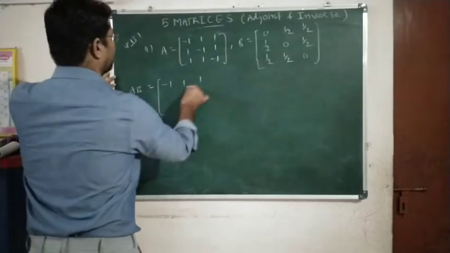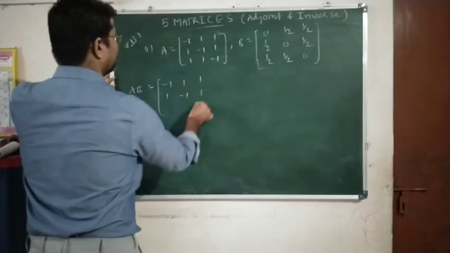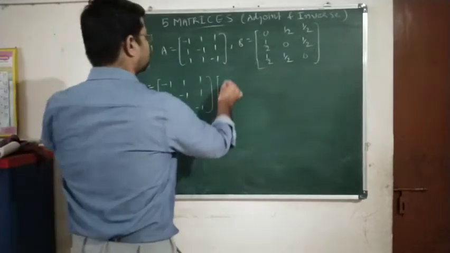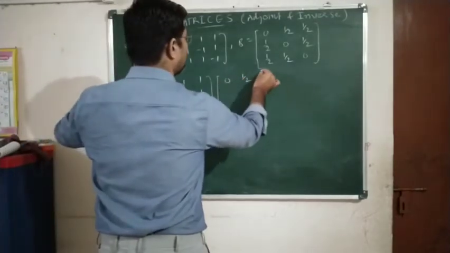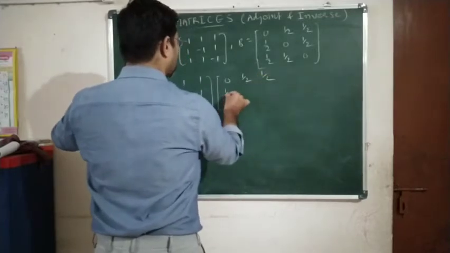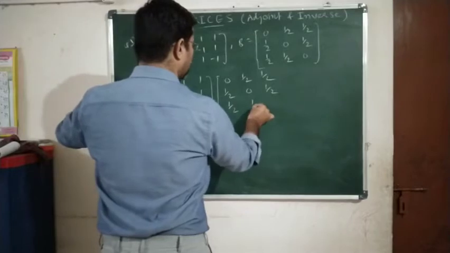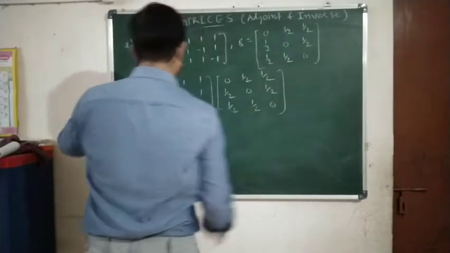Minus 1, 1, 1, 1 minus 1, 1, 0, 1 by 2, 1 by 2, 1 by 2, 0, 1 by 2, 1 by 2, 1 by 2, 0.